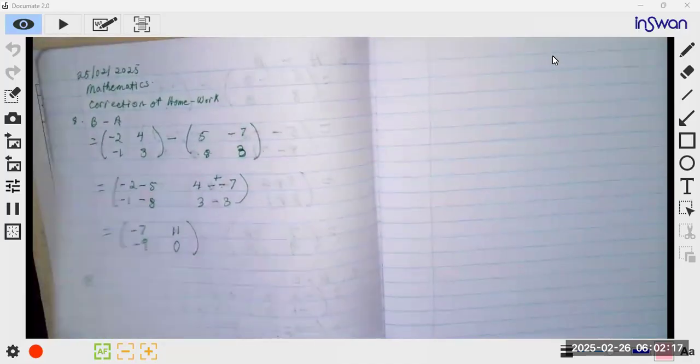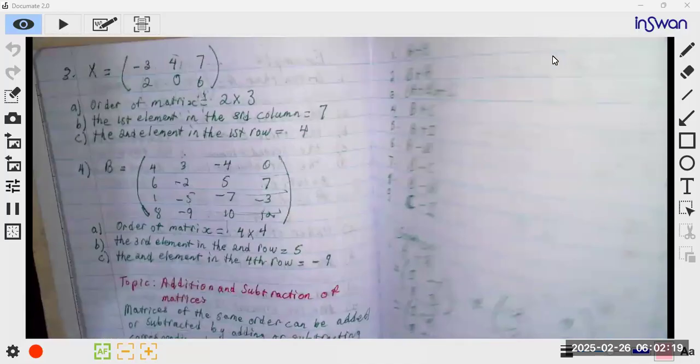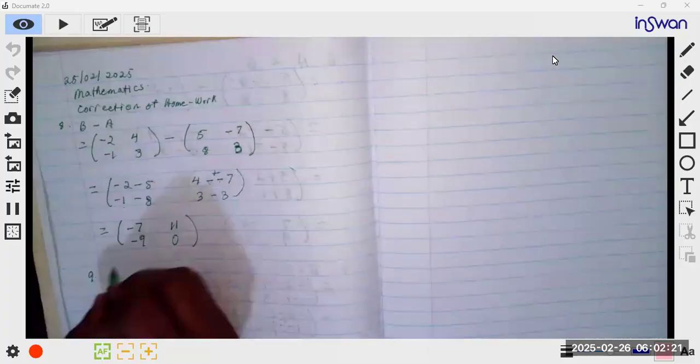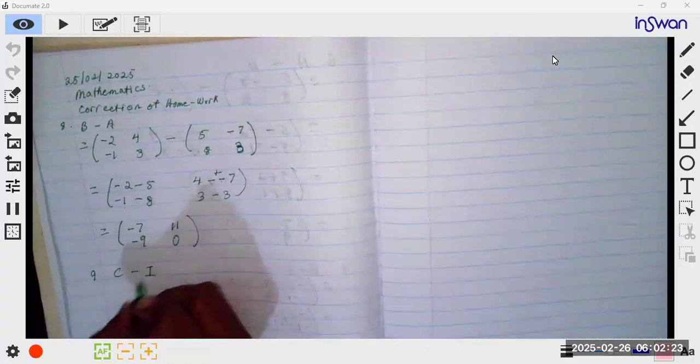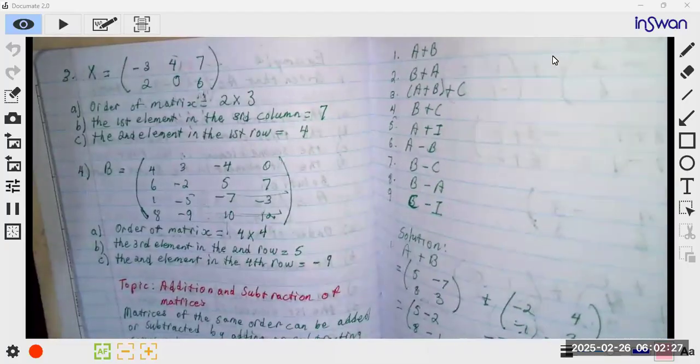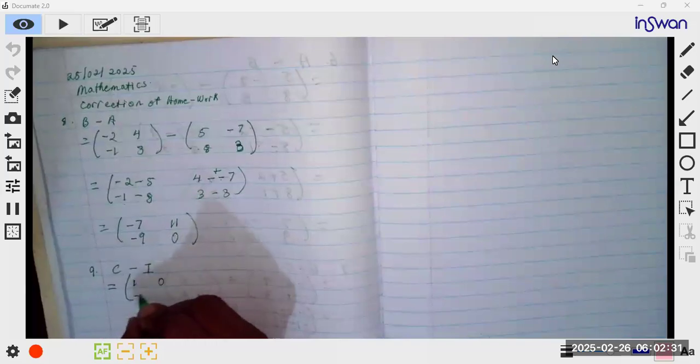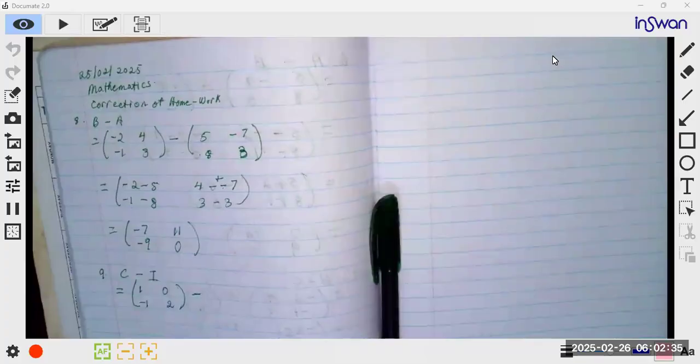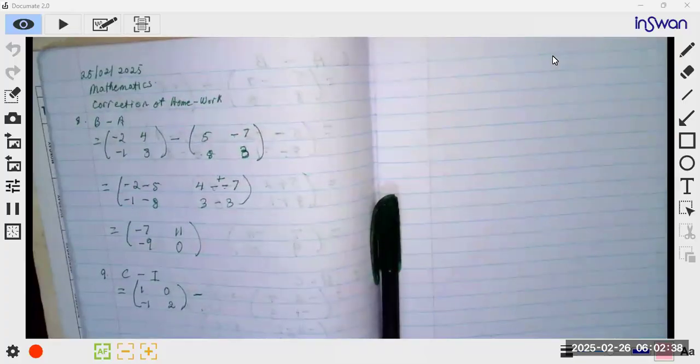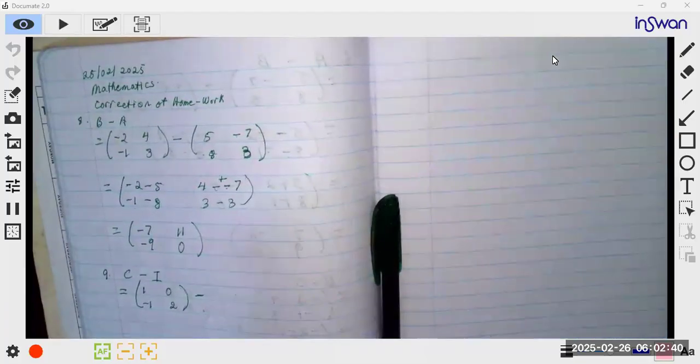We're moving on to the last question, question number 9, which is C minus I. Matrix C is given as 1, 0, -1, 2. And remember, I represents the identity matrix.